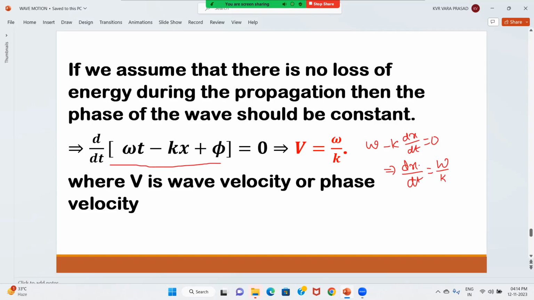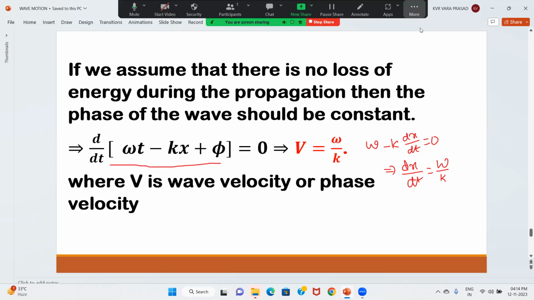If dx/dt is positive, it means the x coordinate is increasing, which means energy is propagating along the positive x direction. If you get a negative value, that indicates energy propagating along the negative x direction. So this v is known as the wave velocity or phase velocity, because we got this by differentiating the phase. Okay. Right.